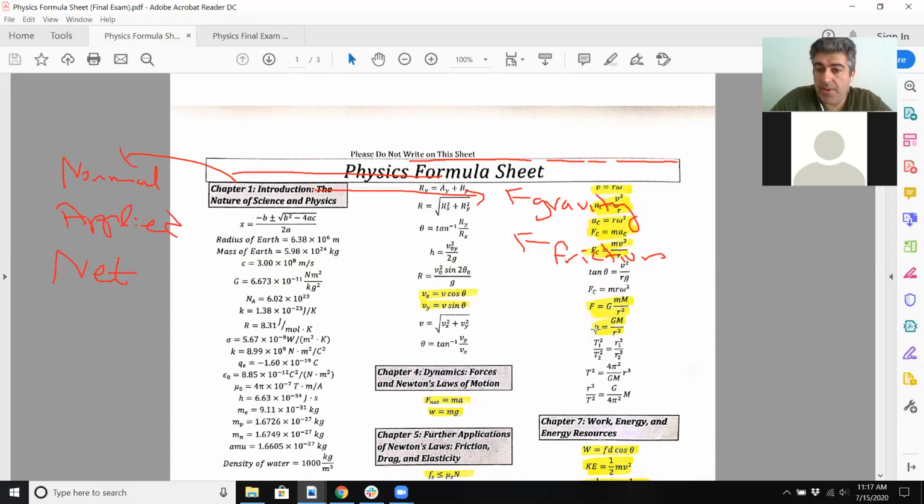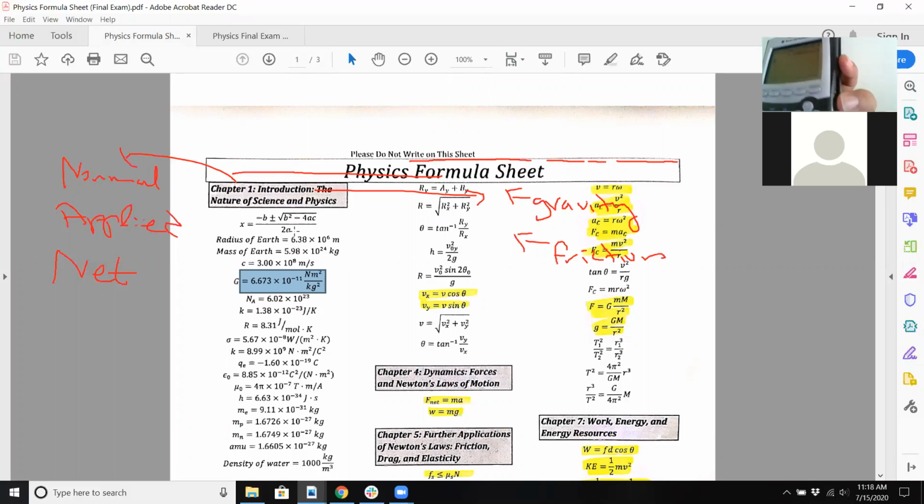So the constant times the mass of the Earth divided by r squared should be about 9.8. If I plug this in, capital G is 6.673 E negative 11, times the mass of the Earth, which is 5.98 E 24.